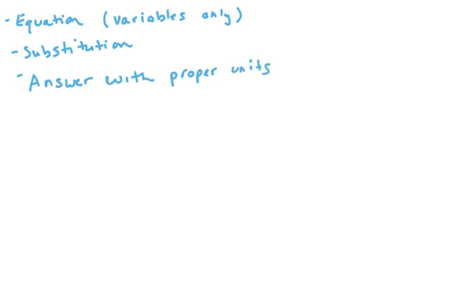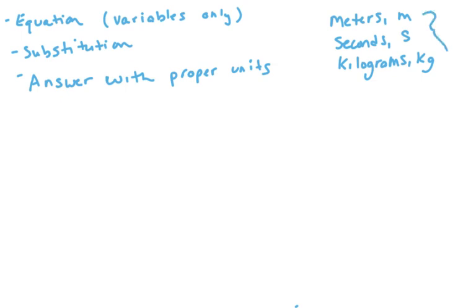So the units we have used so far this year are meters, seconds, and kilograms. These are the base units that make up all of the other units we have been using so far.